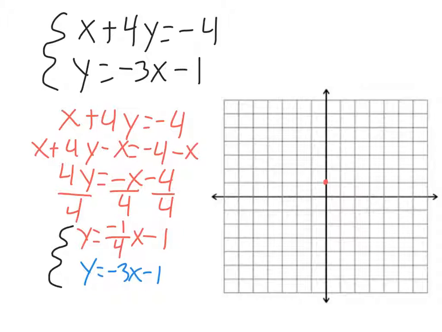That's 1. Need to change that. Negative 1. And then the slope is negative 1/4. So we would go down 1 and to the right 1, 2, 3, 4.